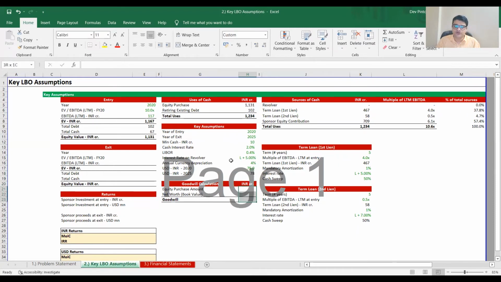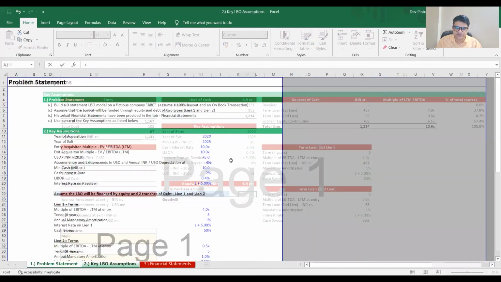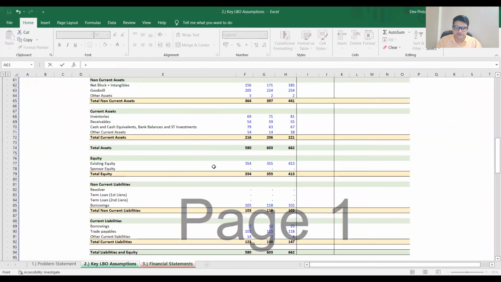Now we've got to compute goodwill, right? So as we mentioned in some of the previous videos, why does goodwill arise when you buy an asset? Typically, when you spend more on an asset than the book value, goodwill just acts as a plug. So let's compute goodwill, right? So what is the total net worth, the book value, balance sheet?